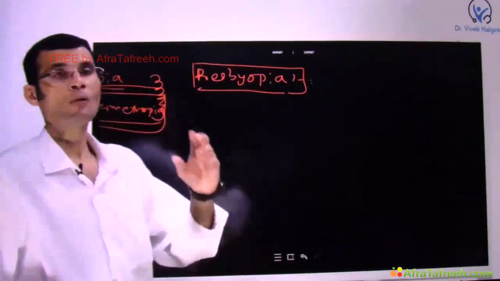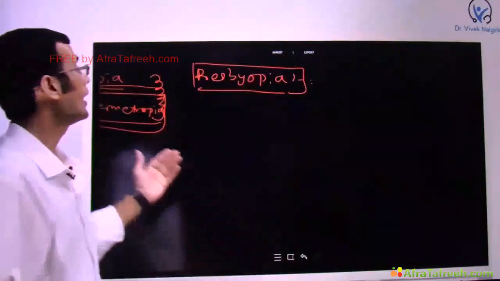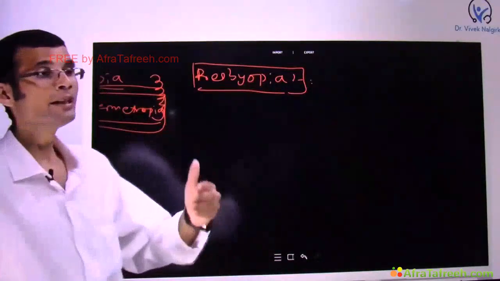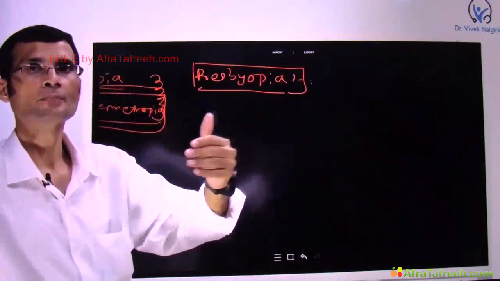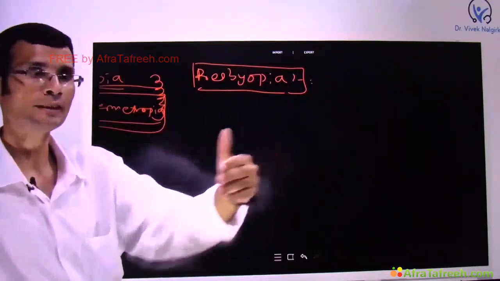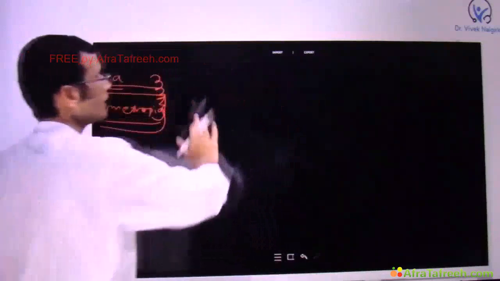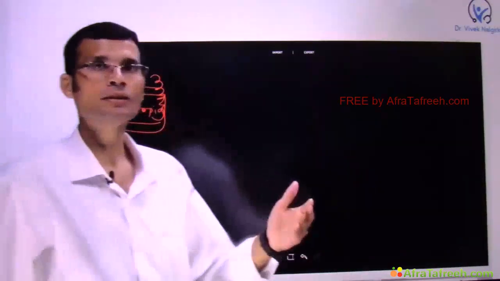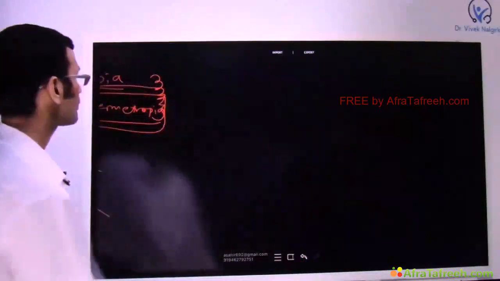Therefore power of accommodation is lost or decreased rather, and that means the near point recedes from the eye, near point goes away from the eye. So that's presbyopia. The treatment is that a bifocal lens is used for the far vision and for the near vision.